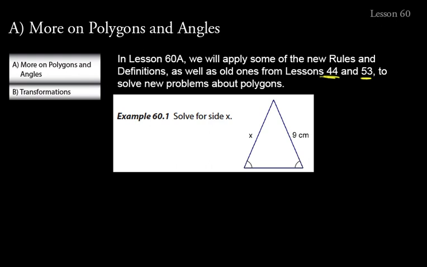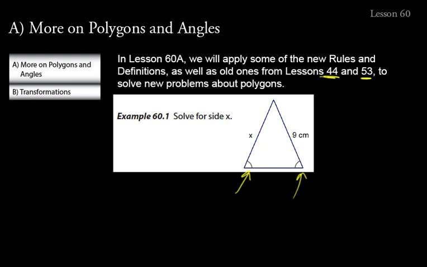So you might remember from lesson 44 that you learned that sides opposite equal angles have equal measures. And notice the two angles at the bottom of the triangle. They have one tick mark each. So that's used in geometry to represent congruency, equality there. And so that's telling you that those two angles are congruent.